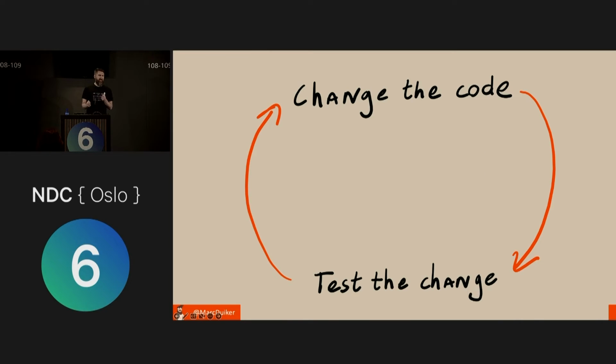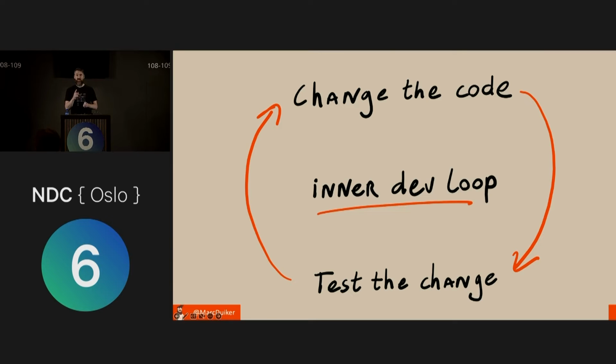The other 2 phases, I put them on one slide because ideally you want to be very quick in having access to the code, changing the code, and testing the change, right? This cycle is called the inner development loop, and it's really important that this is a good, smooth experience. That's also in your day-to-day work, but especially when there's a high priority issue going on and you need to fix something.